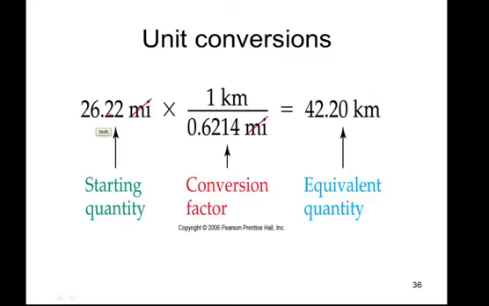And this number has 4 significant figures, 1, 2, 3, 4. This number doesn't count because it's a conversion factor, so it's going to be an exact number, so I don't count that toward my significant figures. So since I have 4 to start with, that means I'm going to have 4 to end with. And that is pretty much the big stuff that you're going to find in Chapter 1.